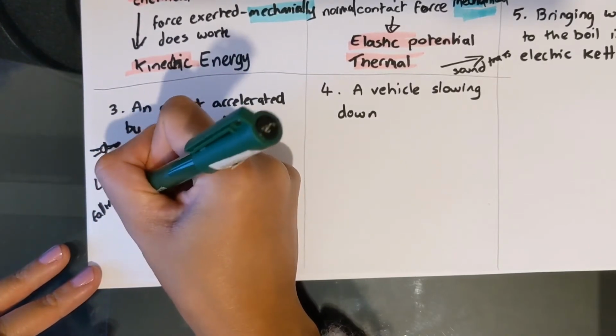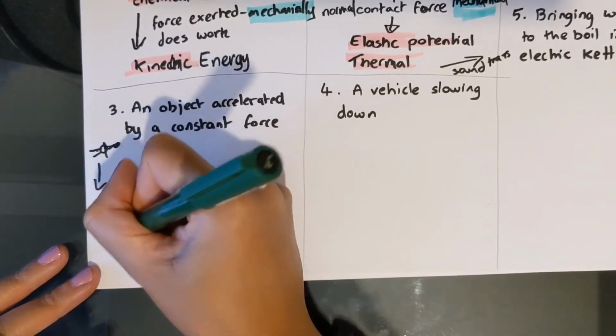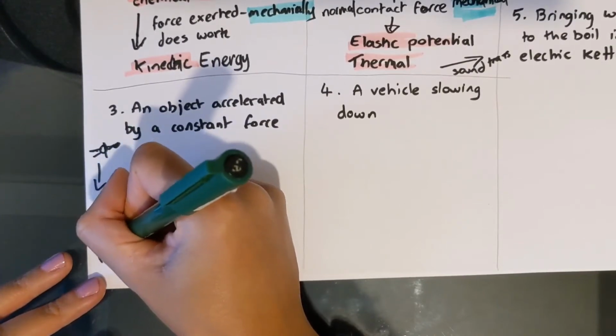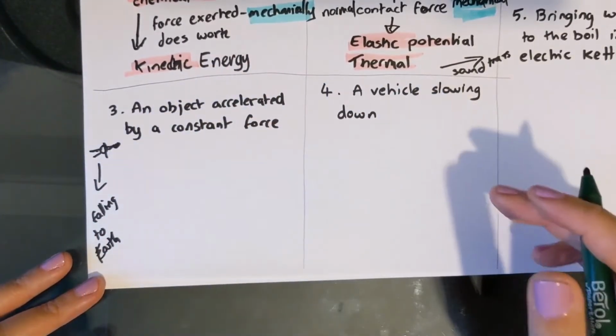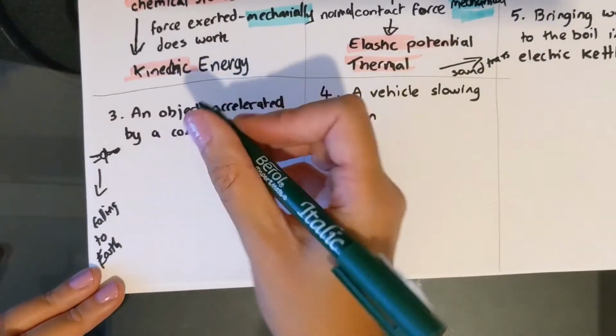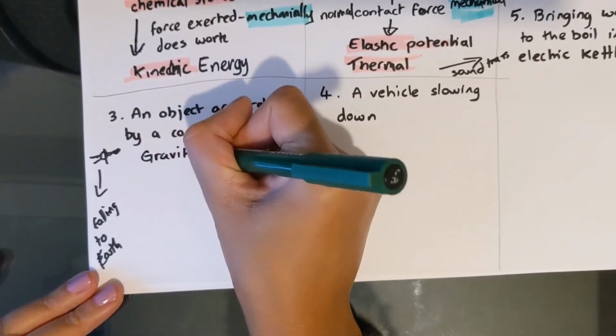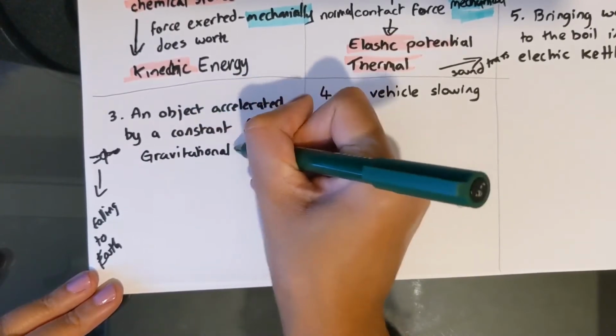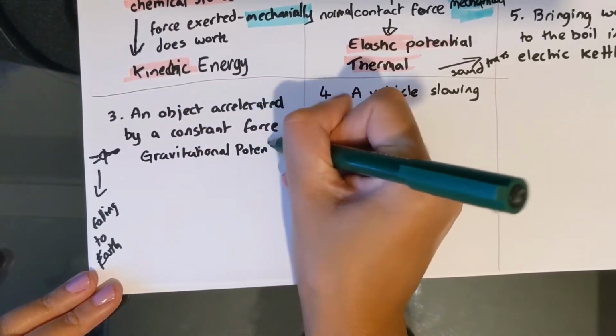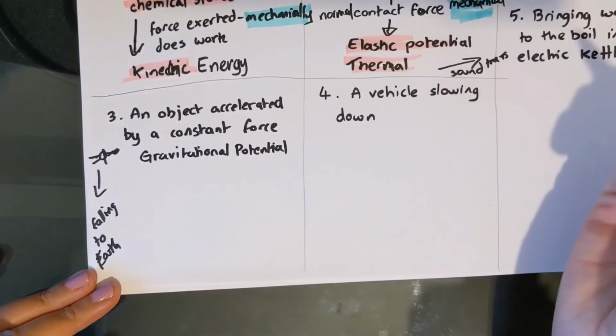So the constant force then is gravity, yeah? So the energy store at the start is gravitational potential energy, because the skydiver is above the Earth's surface.